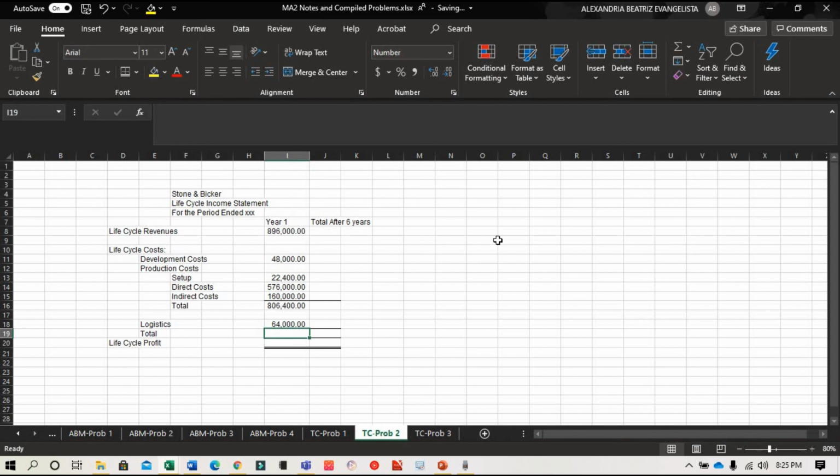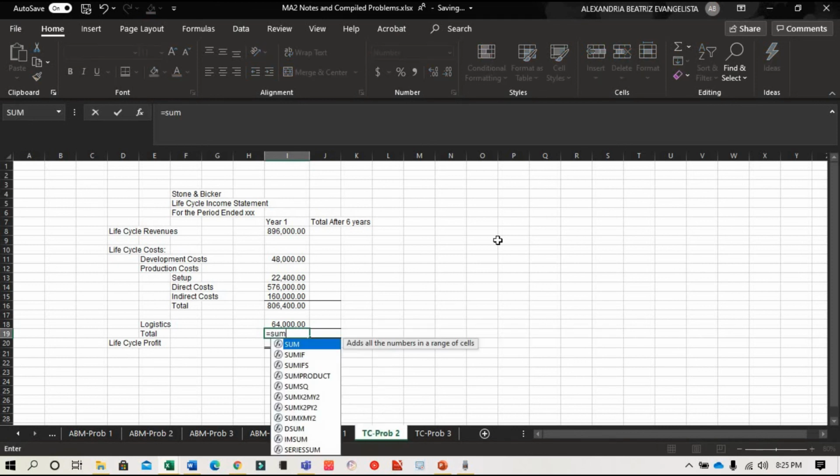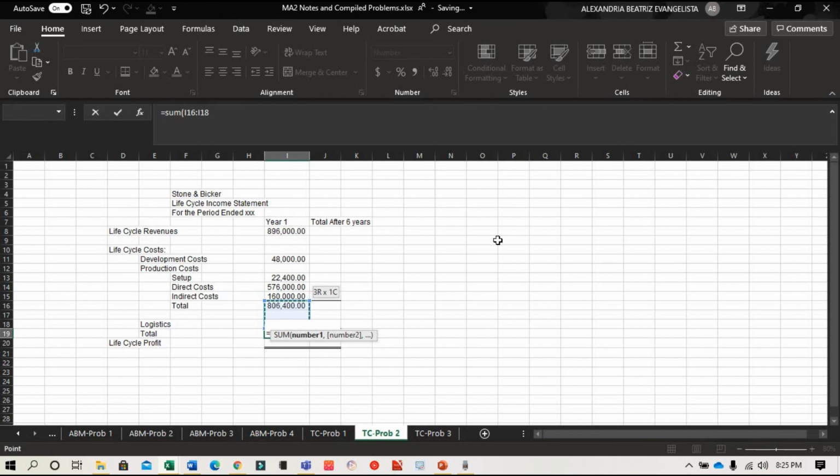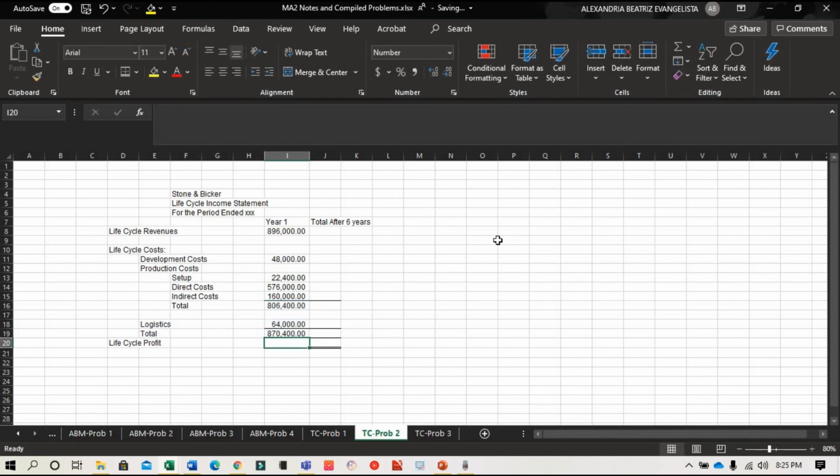And the total life cycle cost would be 870,400, and our life cycle profit would be 896,000 less 870,400. That would give us 25,600.